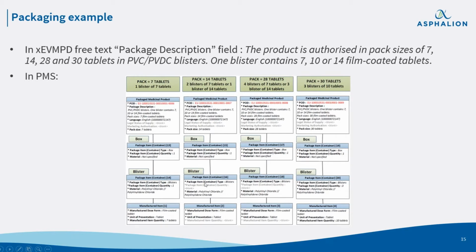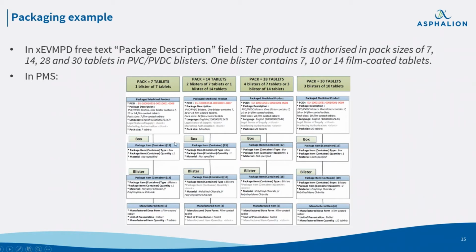We have to make a division of the different pack sizes, and then, pack size per pack size, we define all the information. This will be the general package description, the language of the SmPC probably, and then we mention the pack size. Then the PCID, the one we mentioned before, will be generated, so it will be different depending on the pack size.